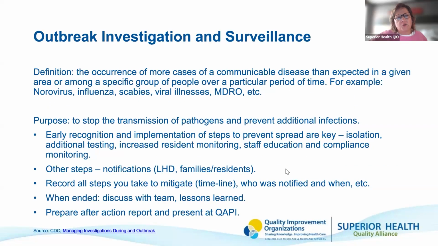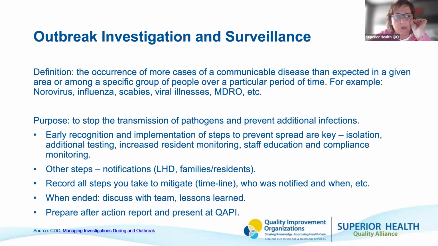Okay, so under outbreak investigation and surveillance, the definition is the occurrence of more cases of a communicable disease than expected in a given area or among a specific group of people over a particular period of time. For example, norovirus, influenza, scabies, viral illnesses, MDROs. Those are things that we don't expect, right?